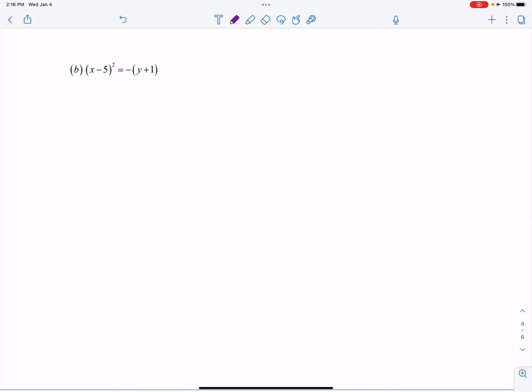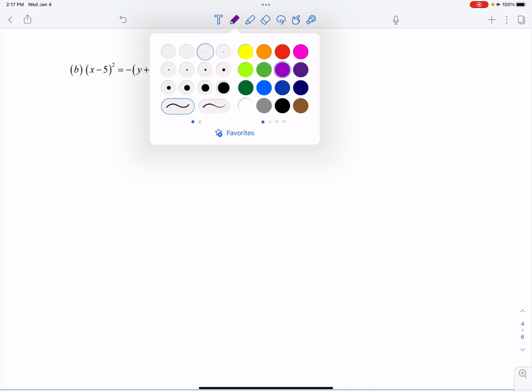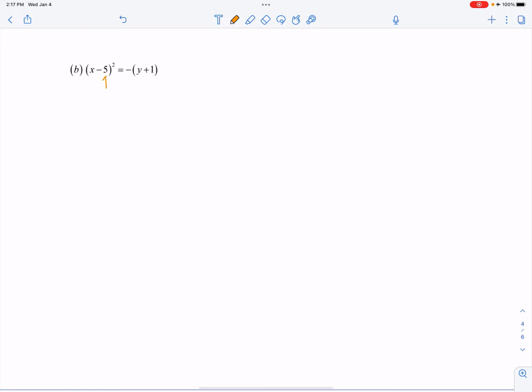Okay, now we have (x minus 5) squared equals negative (y plus 1). I'm sorry, y plus 1. So first we are going to write out that this value right here, this 5, is our h, and that this value, the 1, is our k.